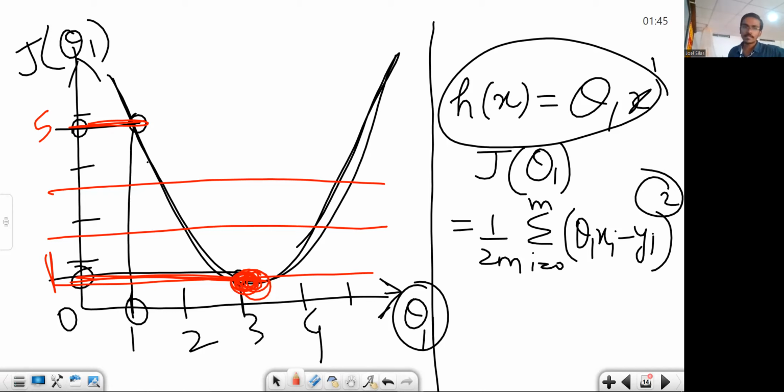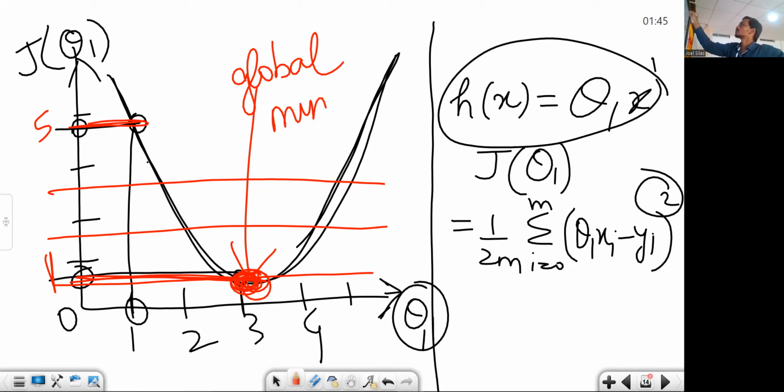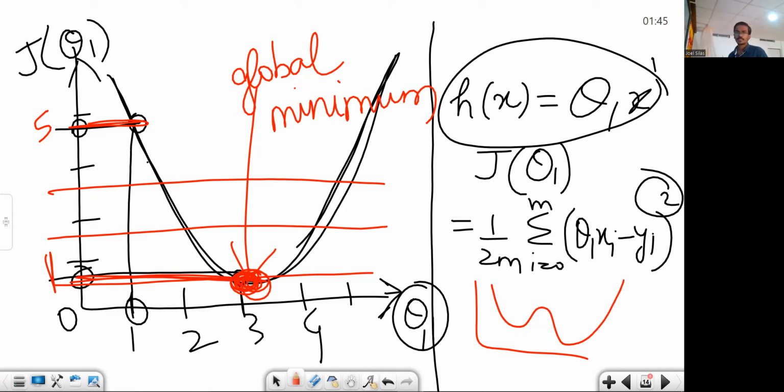So for this particular graph, there is only one such minimum point. This particular point, we can call it the global minimum. It is the global minimum point. Now, in a graph like this, if this is our graph, here there is no single global minimum.